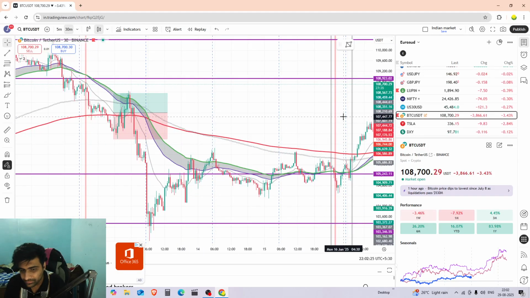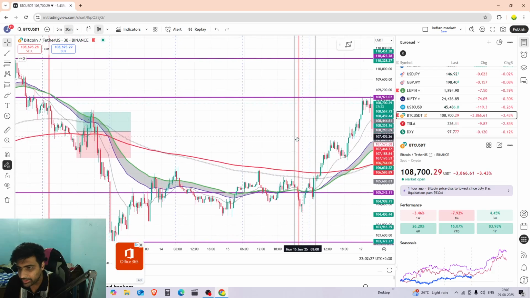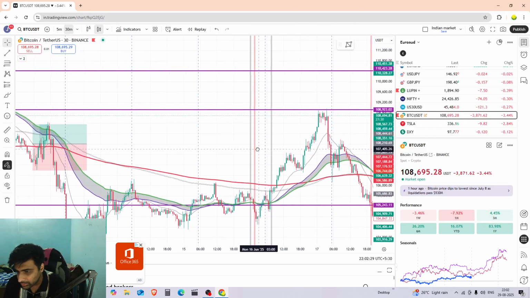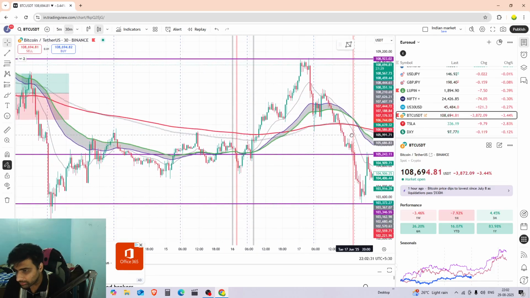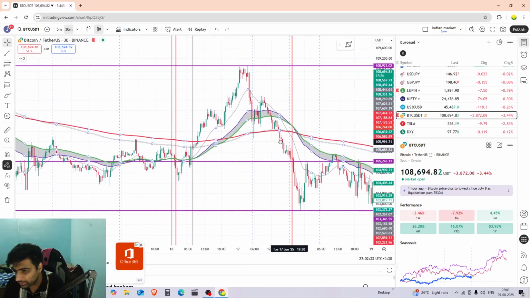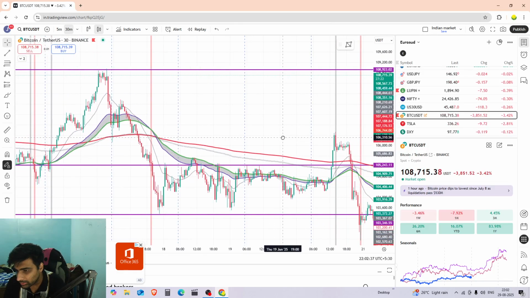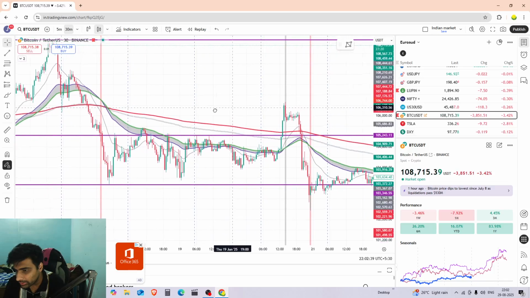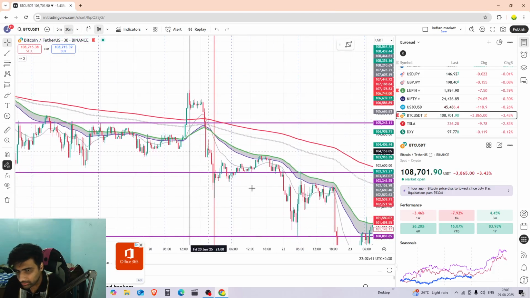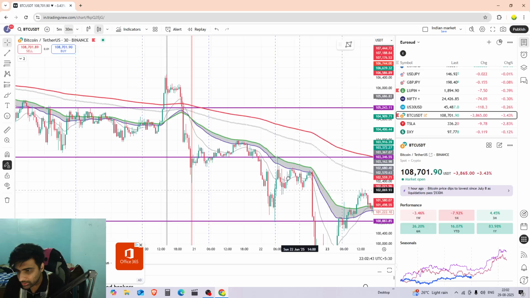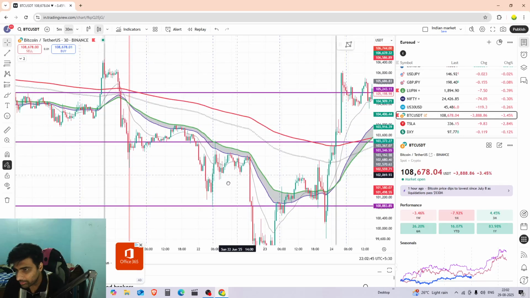Aha. Market changed the trend, going up. Oh, it again came down. So the market is consolidating, right? Okay, consolidating. Not a double bottom, not a double top.